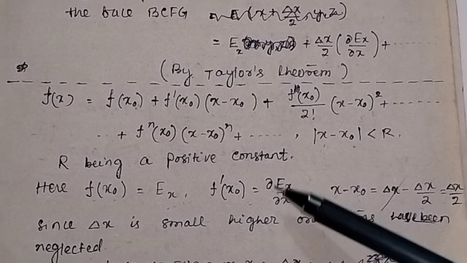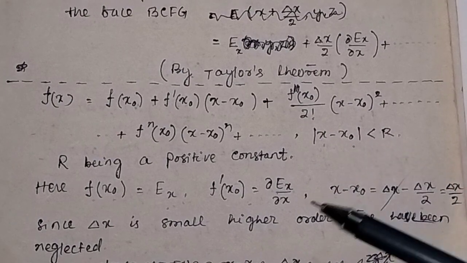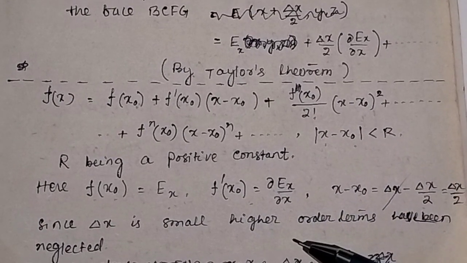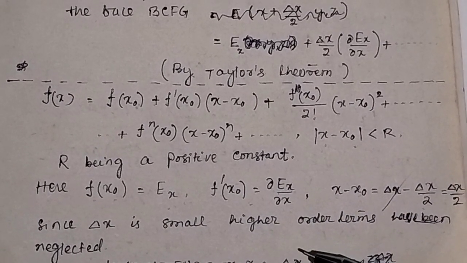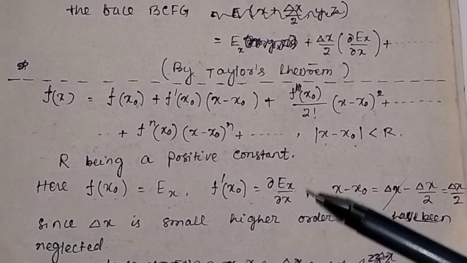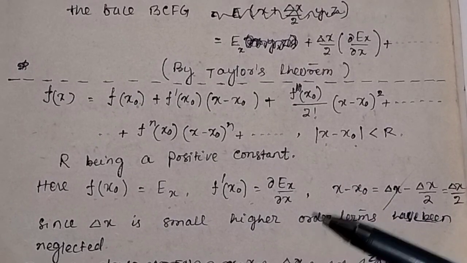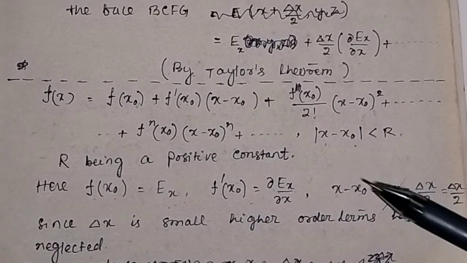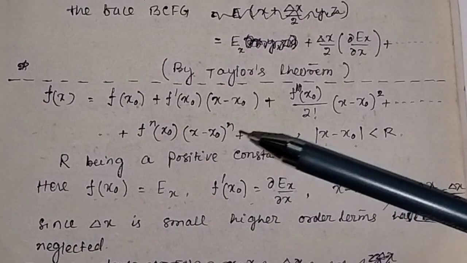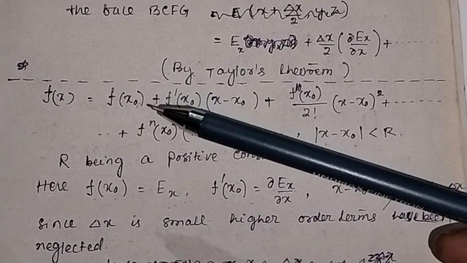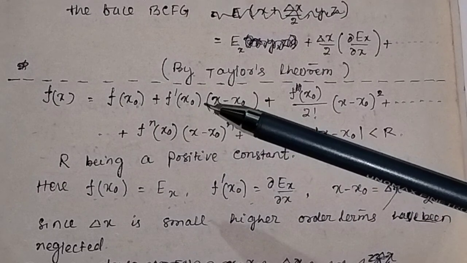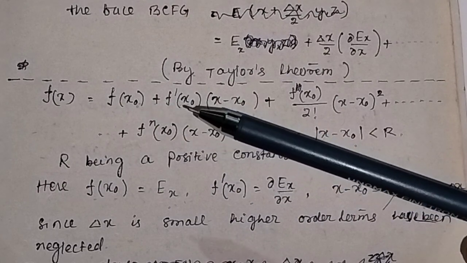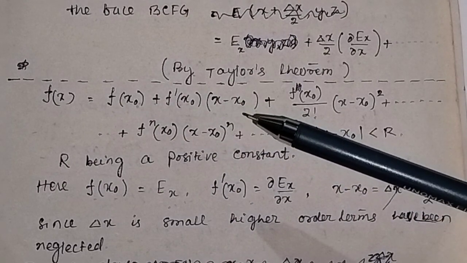So if you apply Taylor series, here delta x, you remember, is small. That means since the delta x is very small, we have neglected the higher order terms, that is the third order derivative, fourth order derivative. These terms we have neglected. Only we have taken the zeroth order and first order, that means f(x0) and f'(x0)(x minus x0).